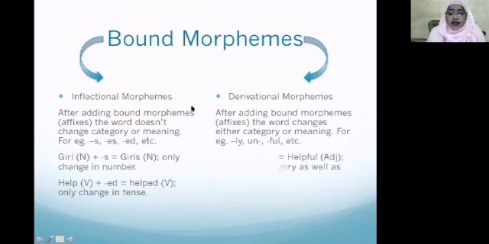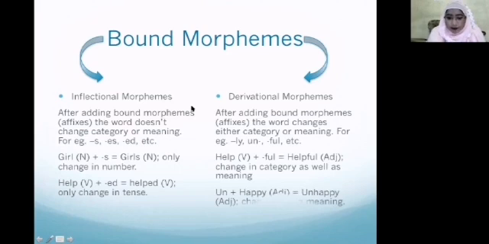Now, what is inflectional and what is derivational? Suppose when you add any bound morpheme to any word, and it doesn't change either the meaning or the category of a word, then we call it inflectional morpheme. For example, when we see girl, girl is a noun.